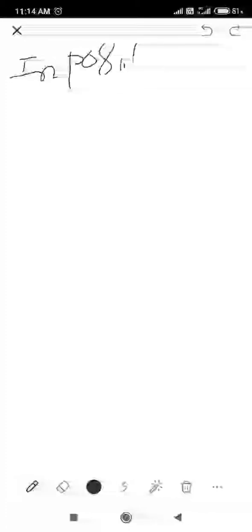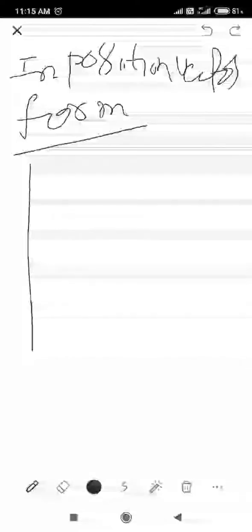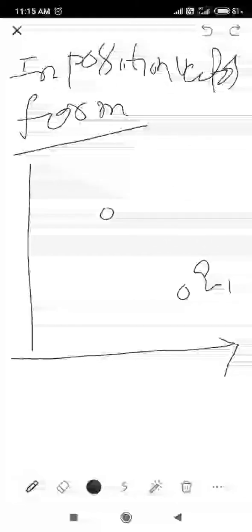Now this basic formula we can write in position vector form. Sometimes what they give is two charges with position vectors.